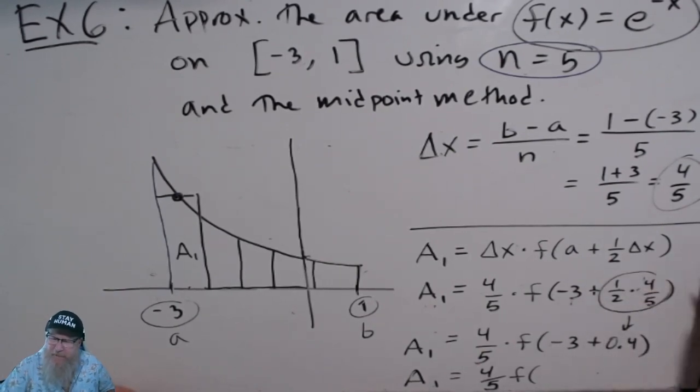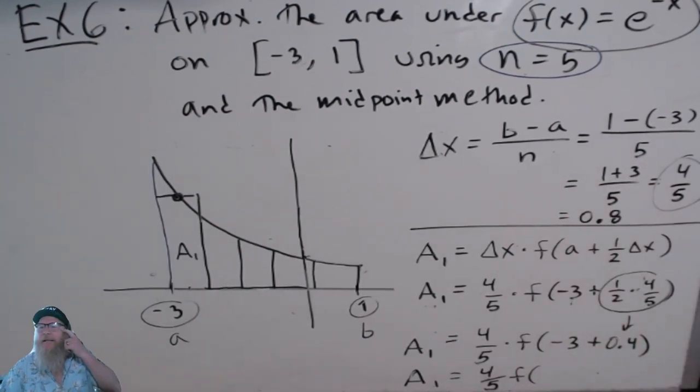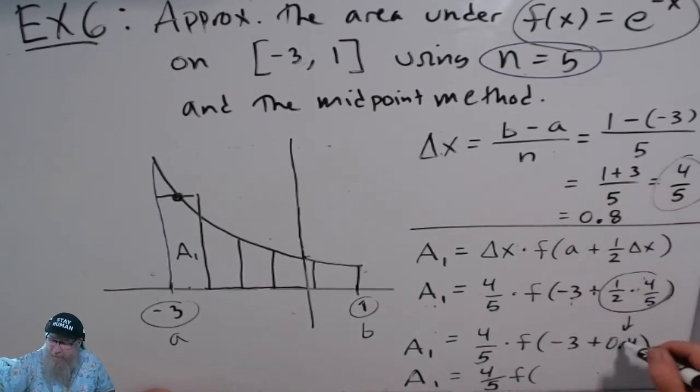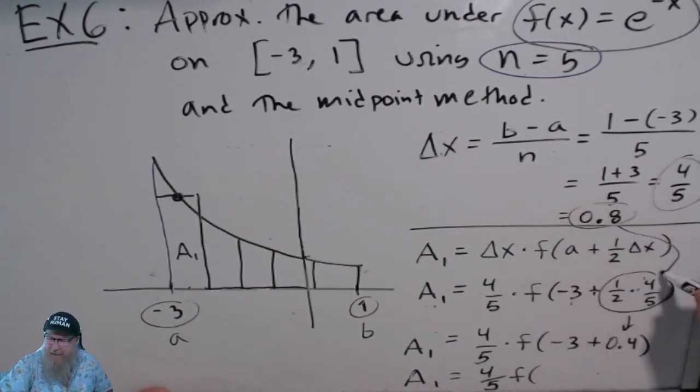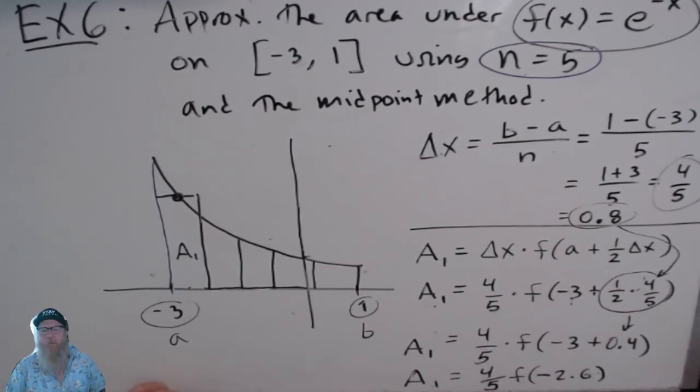Half of 4/5. I usually don't go with decimals so early, but I'm making an exception because this is a very nice decimal. 4/5 is 0.8. So half of 4/5 is half of 0.8, which is 0.4. It just makes it a lot easier than trying to use mixed numbers here. So this will be negative 2.6. So that'll be our A1.